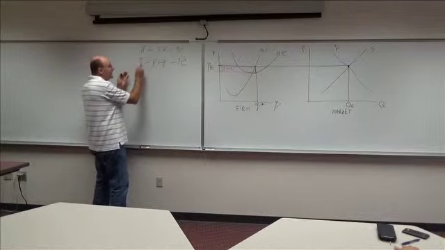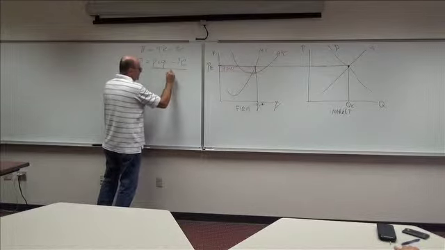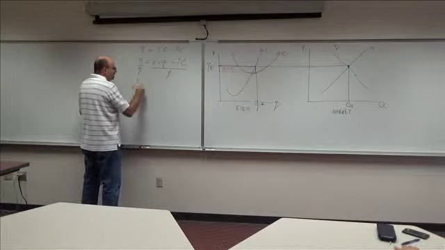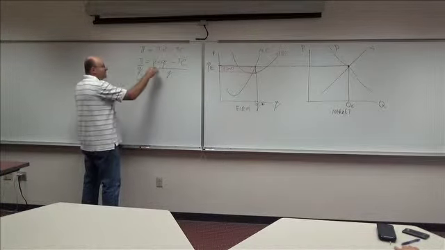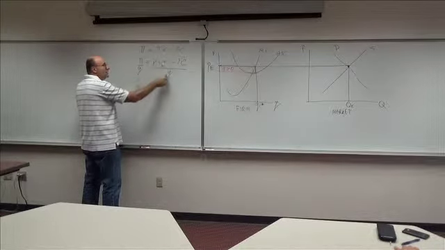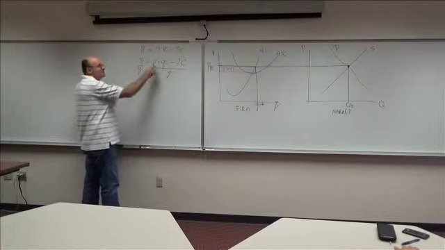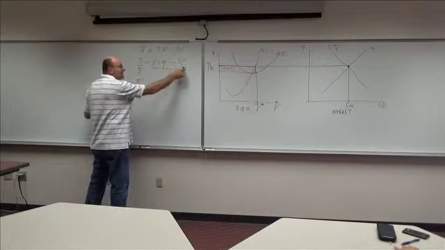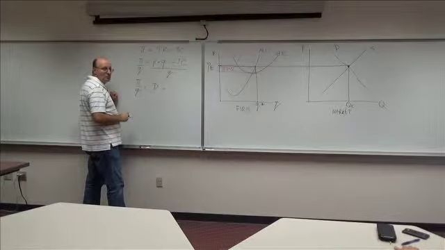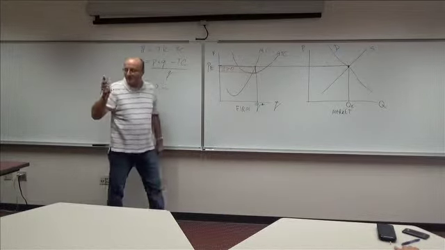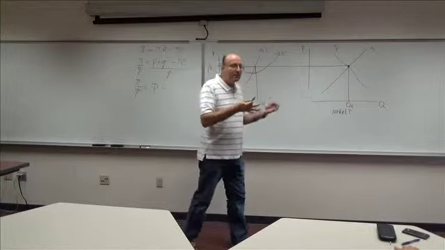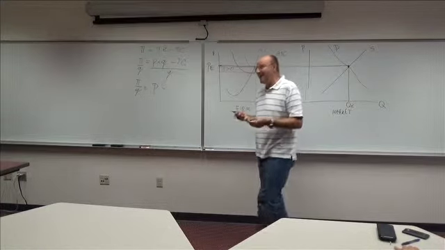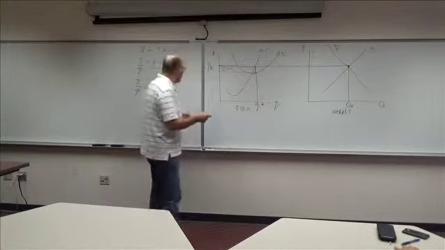Absolutely. So if I divide pi by Q and I divide P times Q by Q, what do I get? How much is P times Q divided by Q? P. How much is TC divided by Q? TC over Q. But what is TC over Q? What is your total cost per pizza? Average, right? That's your average total cost.